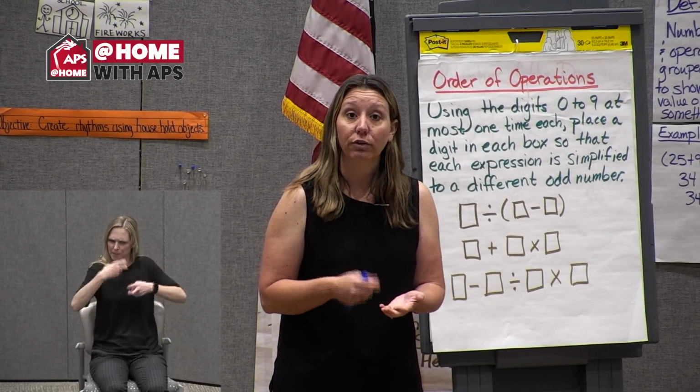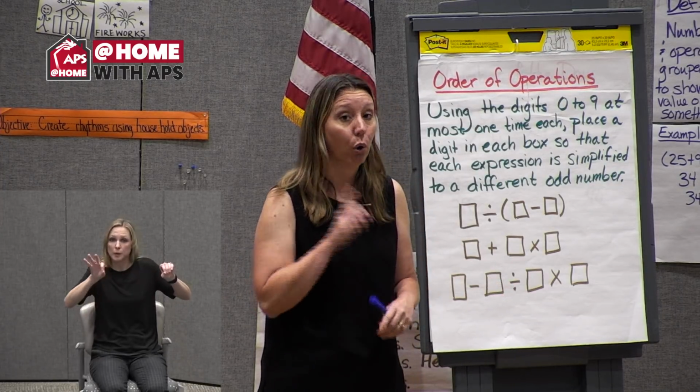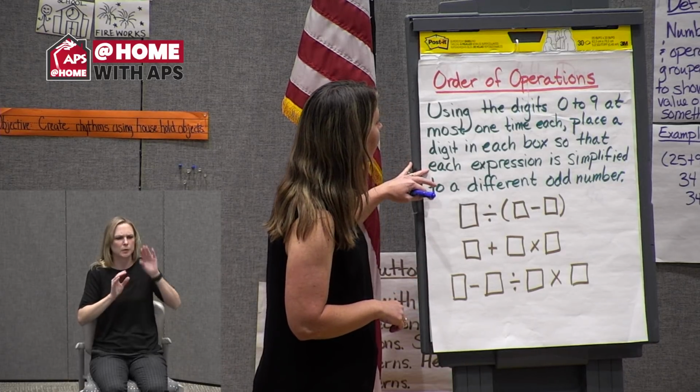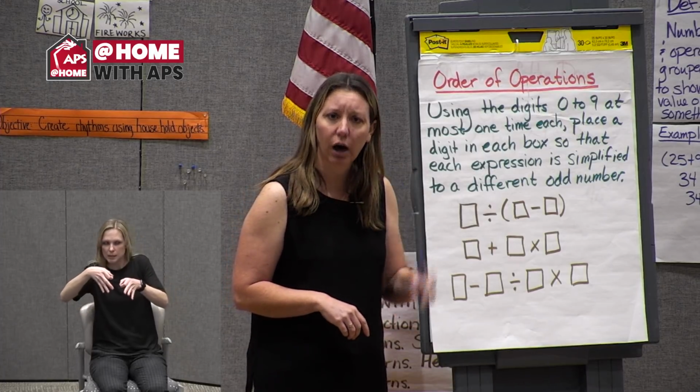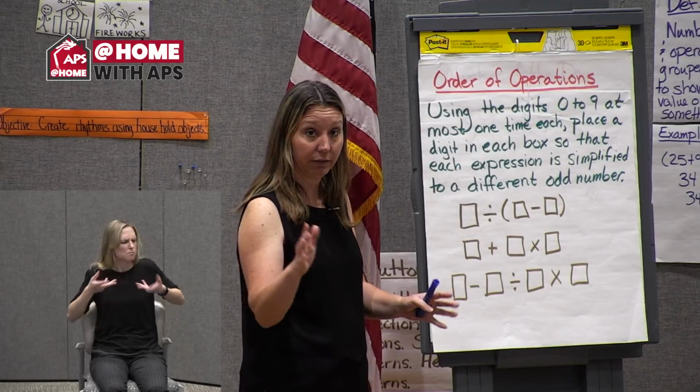You are to use the digits 0 through 9, only one time each. And then you have to place them in the boxes so that each expression is simplified to a different odd number. Meaning, so let's think about what that really means.